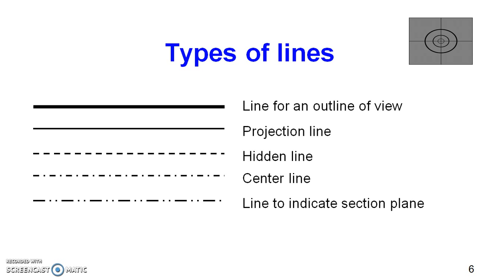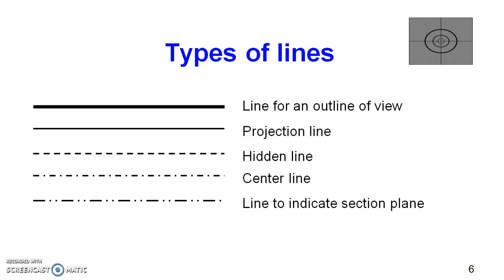Outline is used to show the projections of visible features. Projection line, also called continuous thin line, is used to draw the projectors, as well as for extension lines, dimension lines, hatching lines, etc. Hidden line is used to show the projections of invisible features.